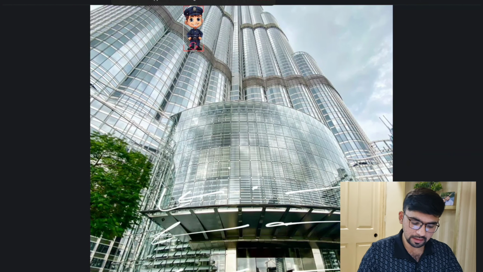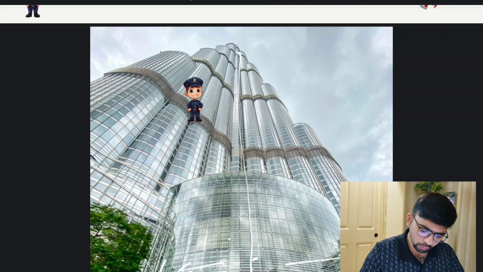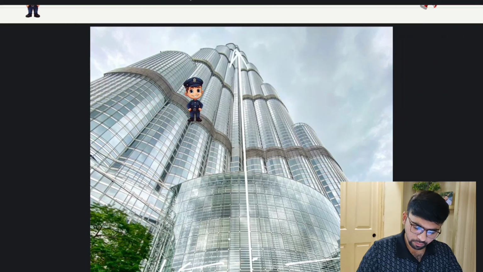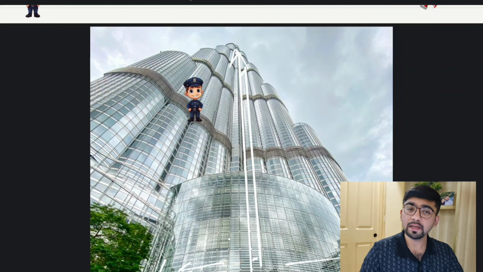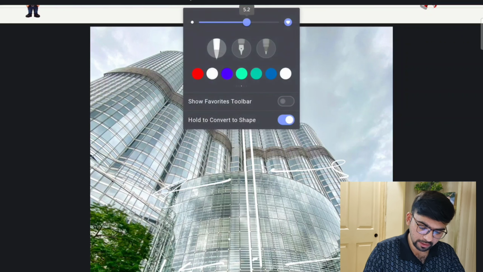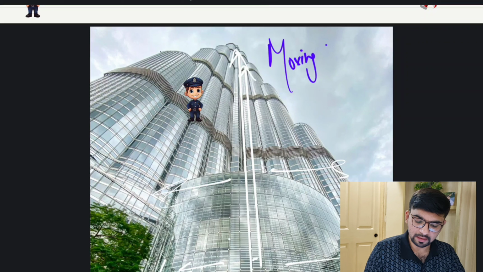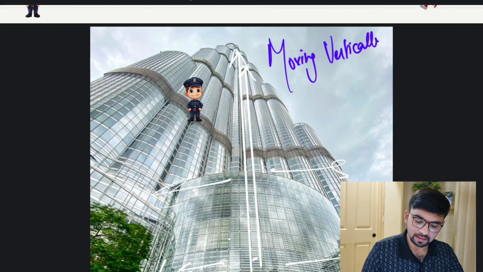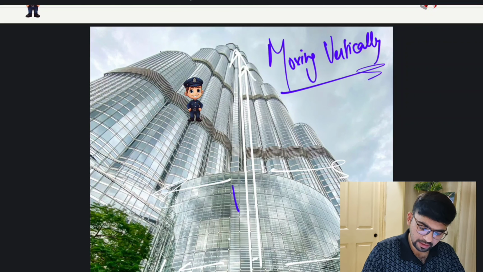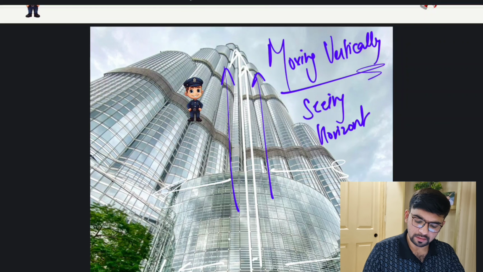So what we are seeing here is that this policeman is moving vertically from down to top, and he sees horizontally. If we put it down, he moves vertically and sees every room horizontally.